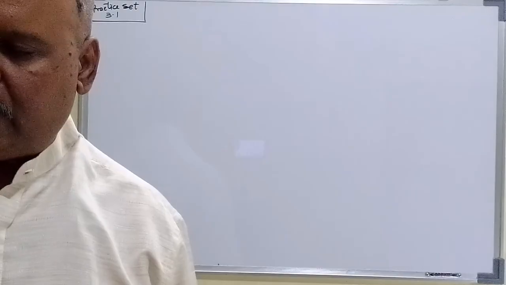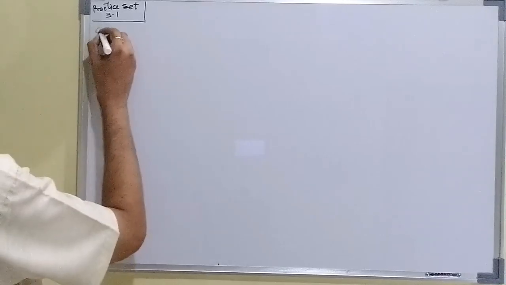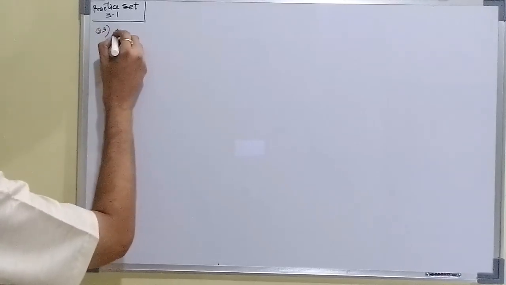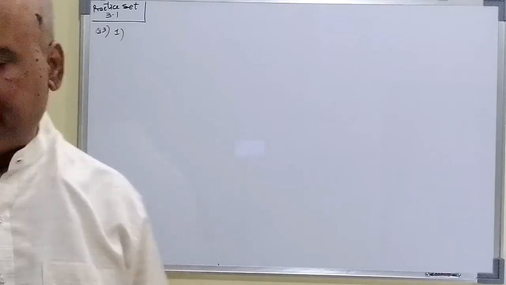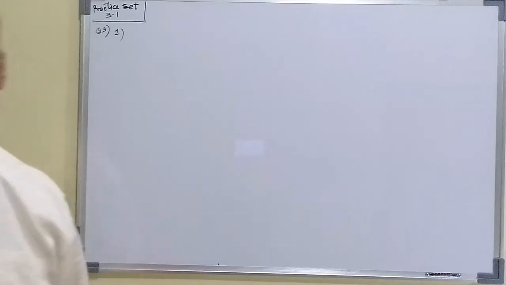Question number 3. Find the first term and common difference of each of the given AP. चलो क्वेश्चन नंबर 3 का पहला AP देखो क्या है. उसके पहले ओके AP क्या है? ये है 5 1 minus 3 minus 7. उन्होंने दिया हुआ है AP is already given to you.